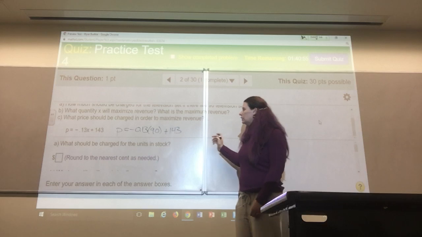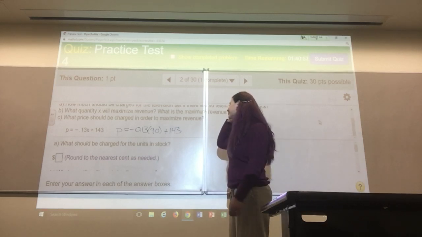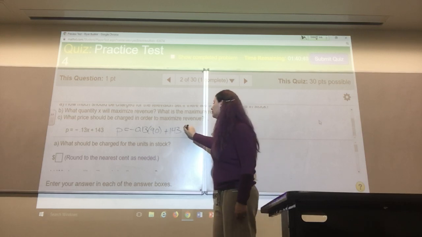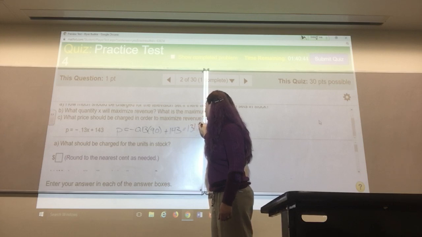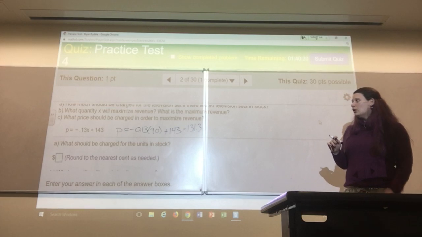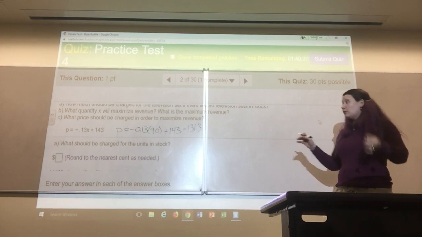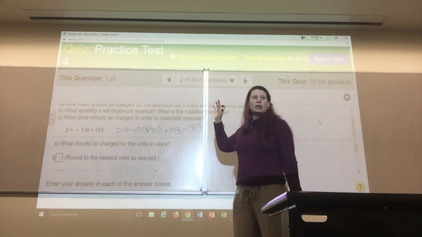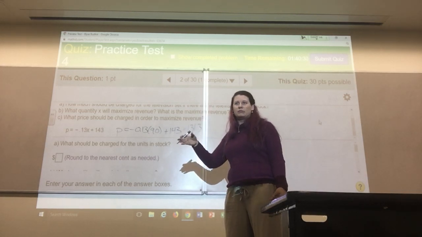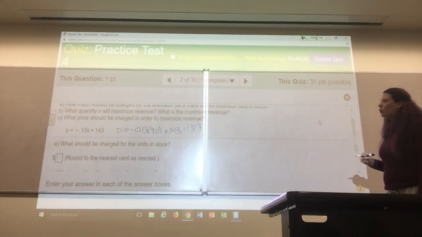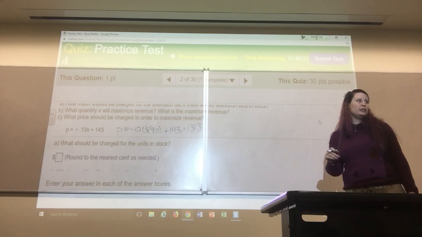What's that equal? $131.3. Okay, so there we go. If we got a whole long big decimal that kept going, because it's money, make sure to round it 2 places, right?